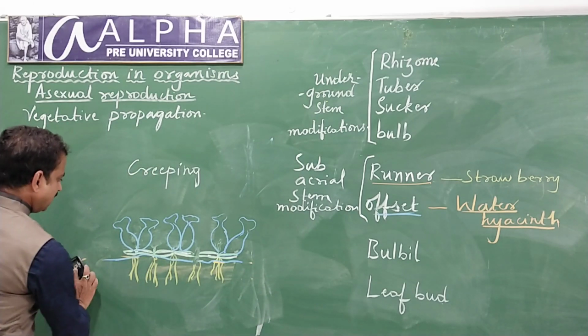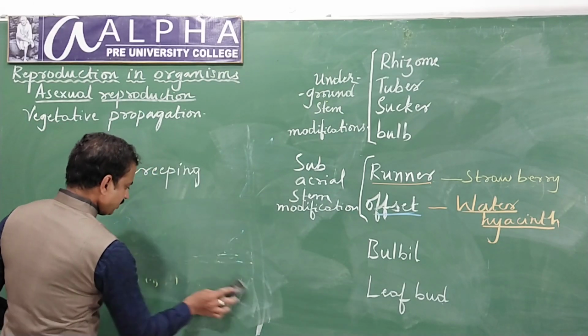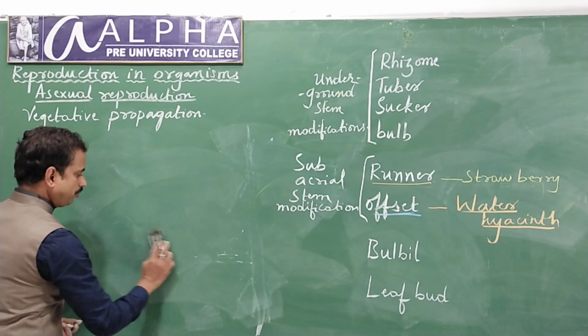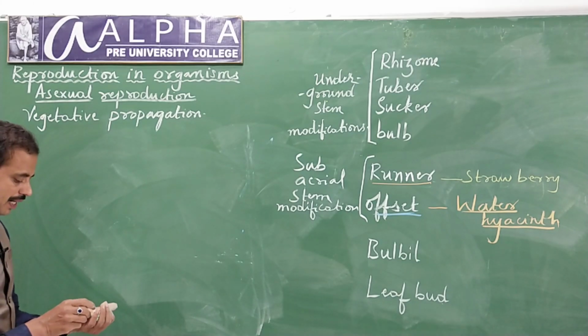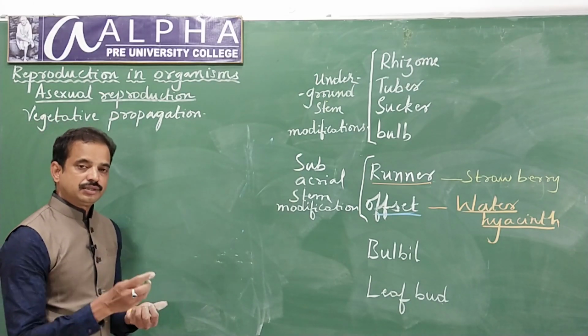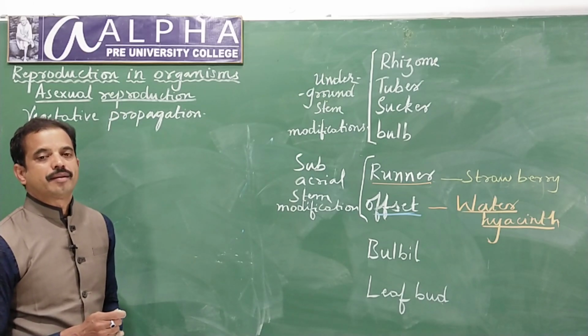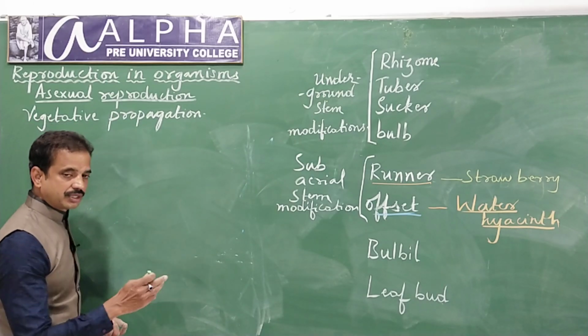Students, have you seen the agave plant? In Kannada, this agave plant is called buthale, right? The agave plant is an angiospermic plant. It comes under the monocotyledons, the group monocots.